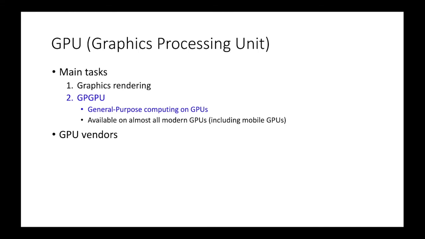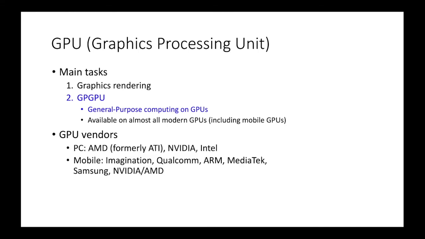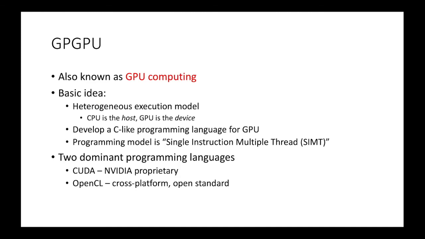GPU vendors include AMD, NVIDIA, Intel. For mobile GPUs, we have Imagination, Qualcomm, ARM, MediaTek, Samsung, NVIDIA, AMD. GPU computing is running general purpose, non-graphics applications on GPUs, using the GPU as an accelerator.